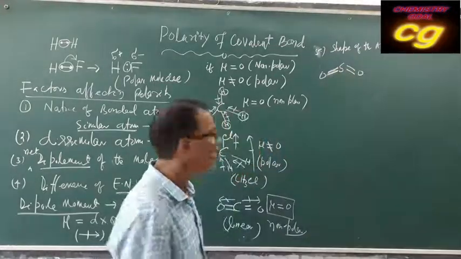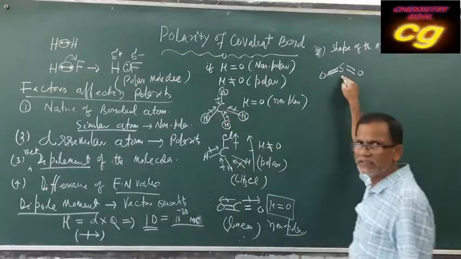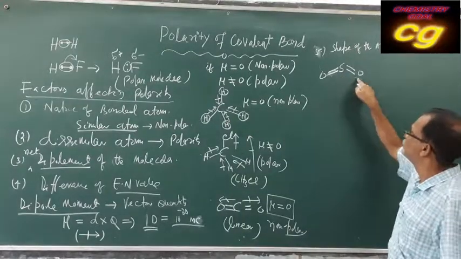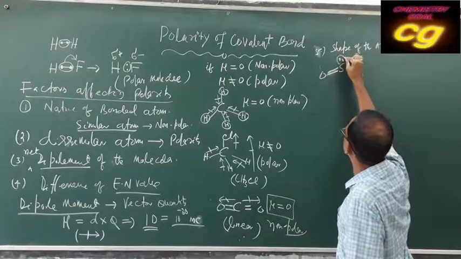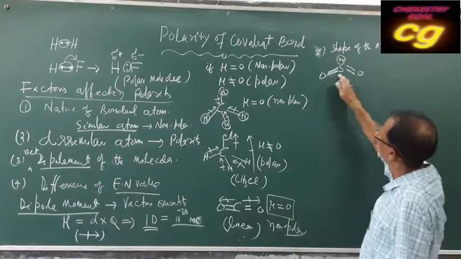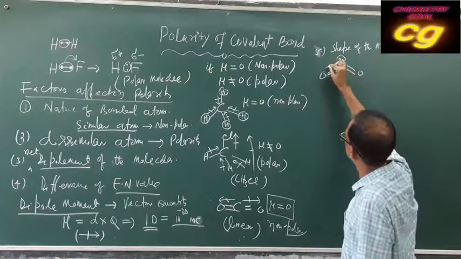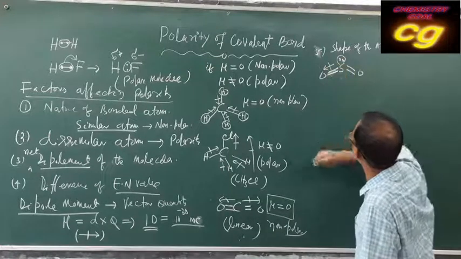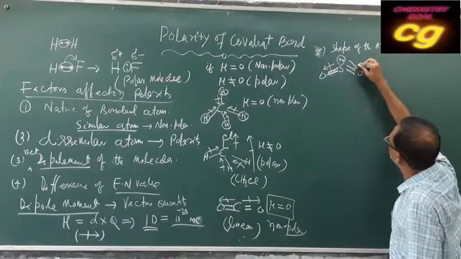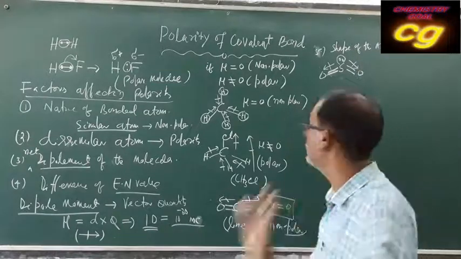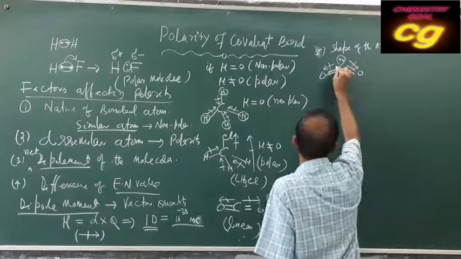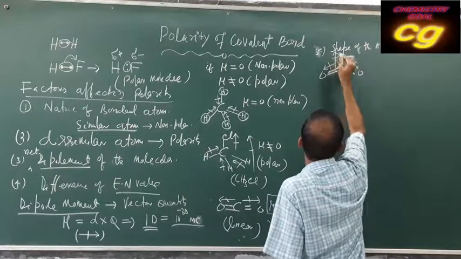Sulfur has 6 electrons in the outermost shell, 2 oxygens mean 4 are shared, then 1 lone pair remains. The sulfur-oxygen dipole moment is in this direction, and the other sulfur-oxygen dipole moment in this direction. If a molecule has a lone pair, the dipole moment is always towards upward.